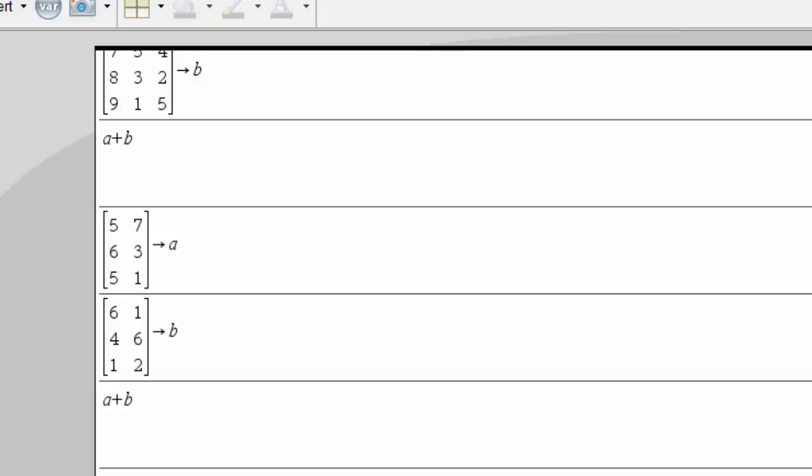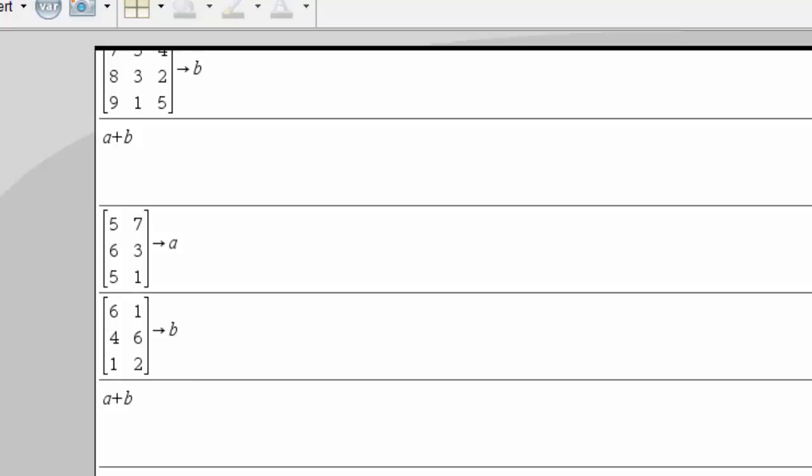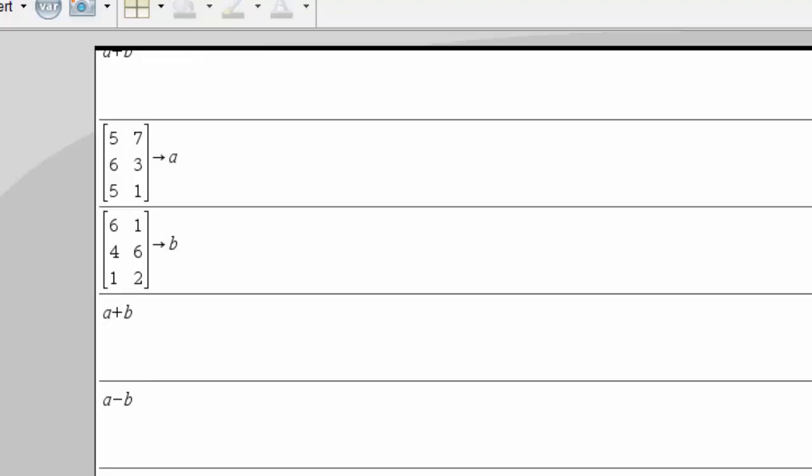The commutative law is talking about putting negative B plus A, and negative B plus A is the same as A minus B. Then you get the same matrix, okay? But not B minus A.